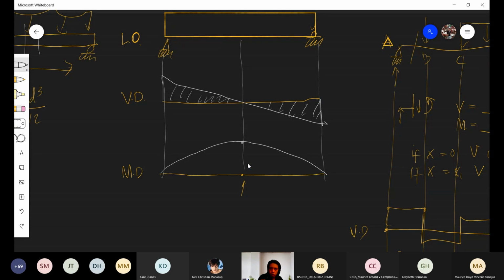So there are two vulnerable sections: the section most vulnerable to shear failure and the section most vulnerable to moment or bending flexural failure. We will tackle both.